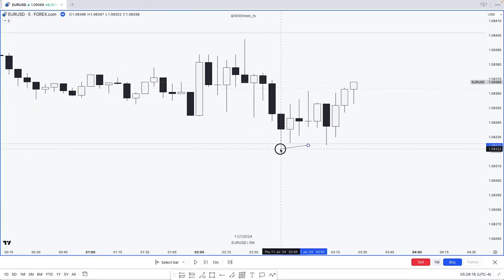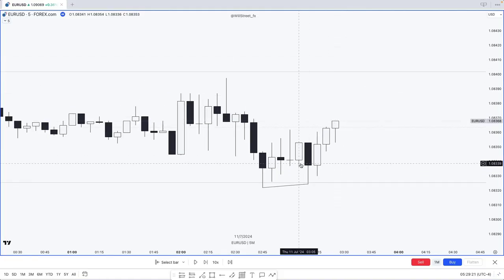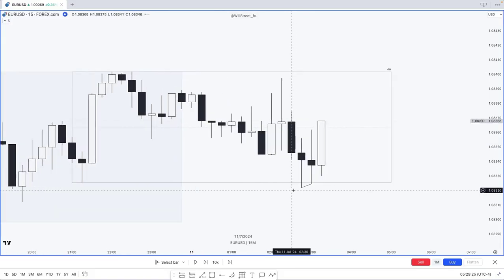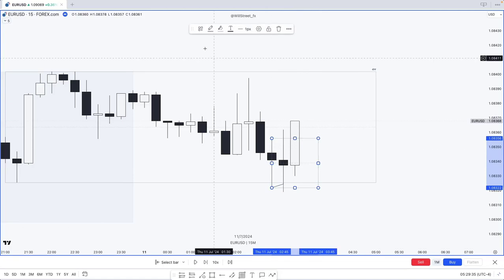So this is a 3 AM candle. It opens exactly here. So my eyes see what? My eyes, when there is a failure swing, see this, and look at this. What is this? It is a 15-minute range.